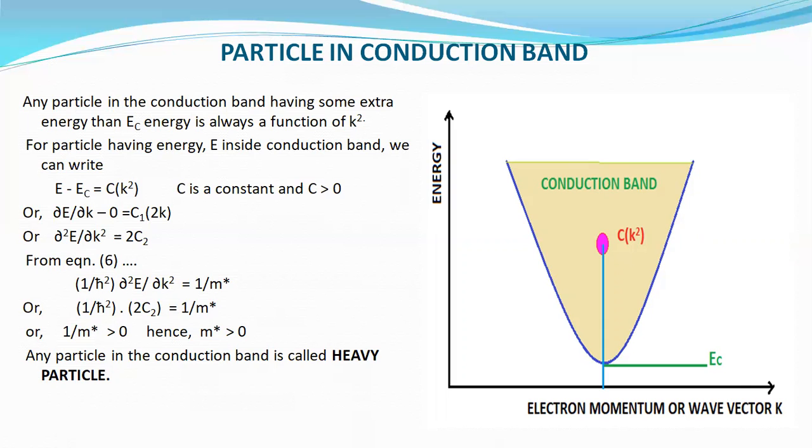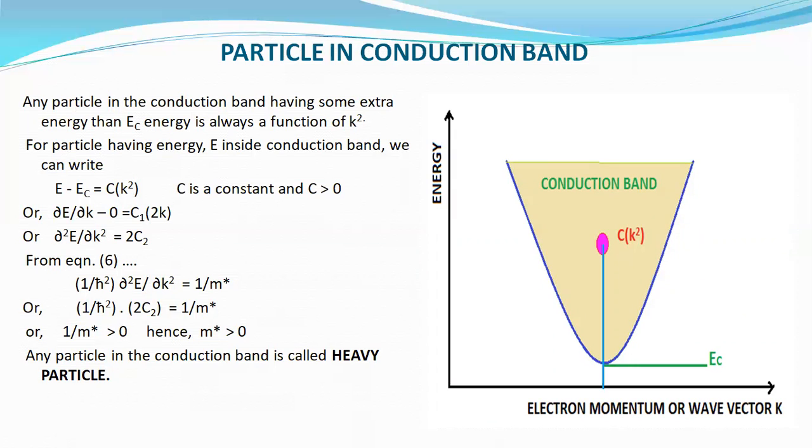So if we differentiate this equation, dE/dk is equal to d/dk of C k square minus 0. You know, EC is a fixed level of energy, so differentiation of that is 0, which is the conduction band minima. So dE/dk is equal to C' of 2k.